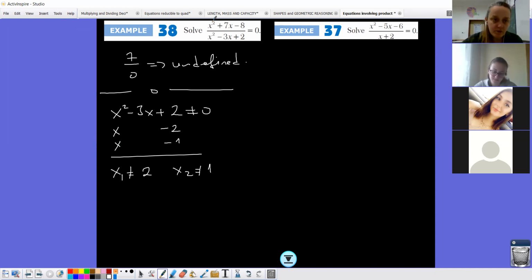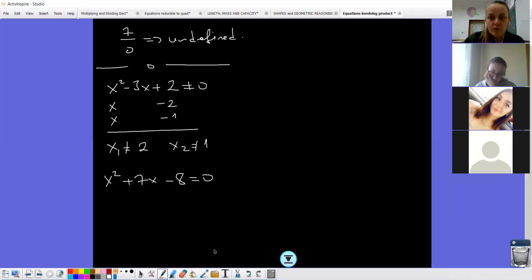Now, I'm taking the numerator, then it will be x squared plus 7x minus 8 is equal to 0. Now, when I solve this one, I have x, 7, 1. One of them has to be minus. Which one will be minus? 1 will be minus.